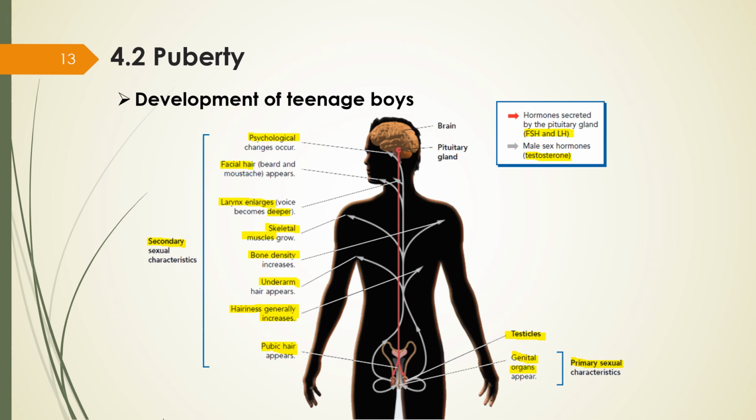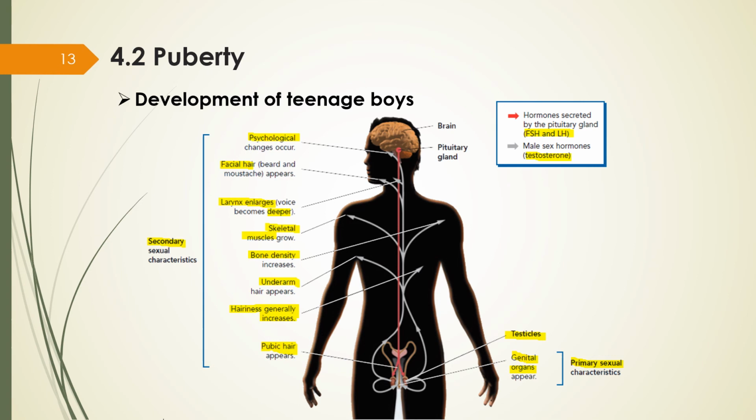So for men, what are the primary sexual characteristics? The development of the testicles and the genital organs. It liberates testosterone, and this testosterone is going to develop the secondary sexual characteristics. What are they?